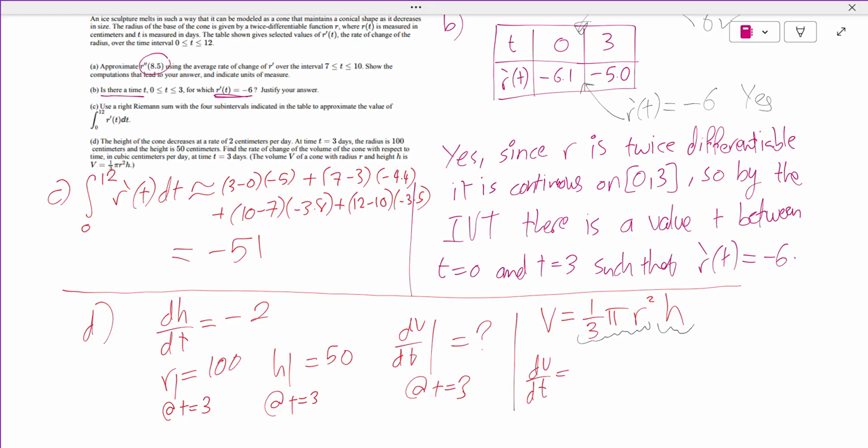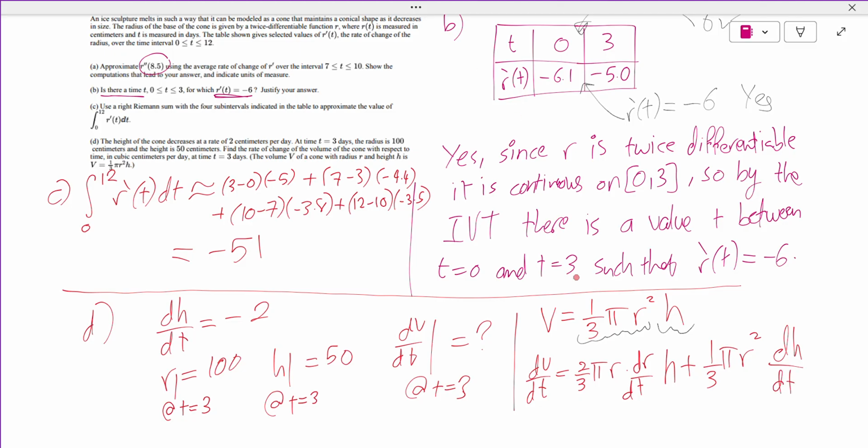So differentiate the first, you get 2 over 3 pi r times dr over dt. I differentiated the first, now leave the second, plus leave the first, differentiate the second. The derivative of h will be dh over dt.